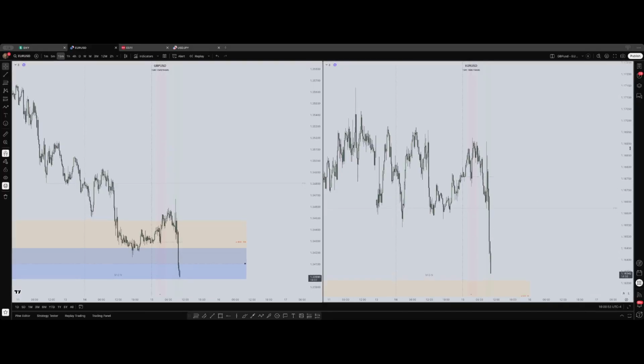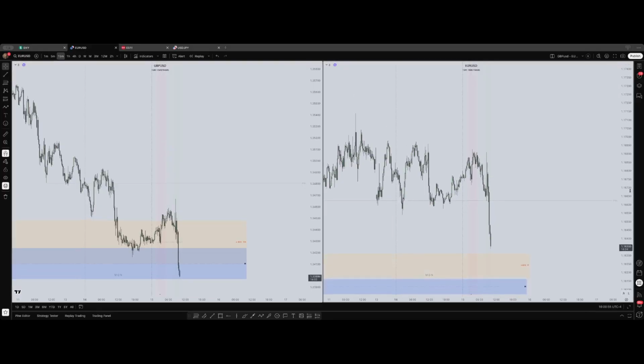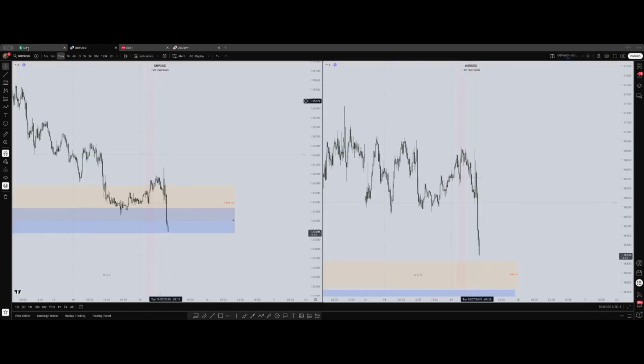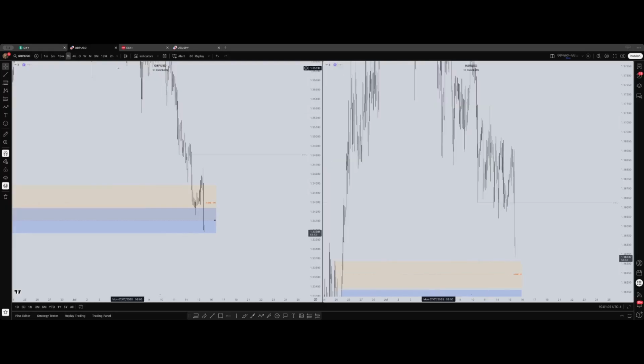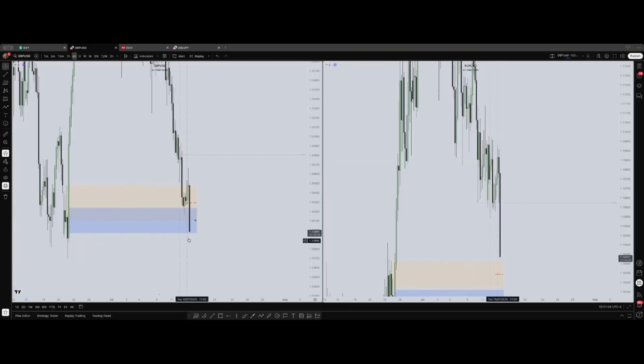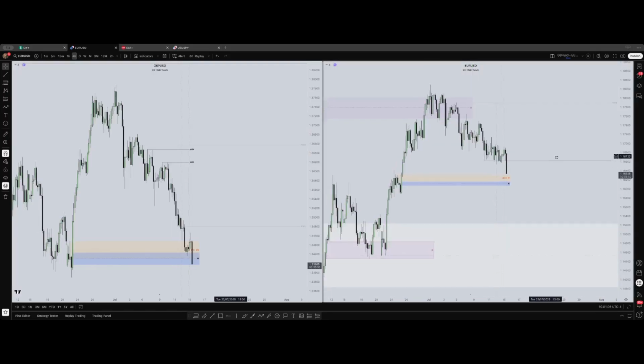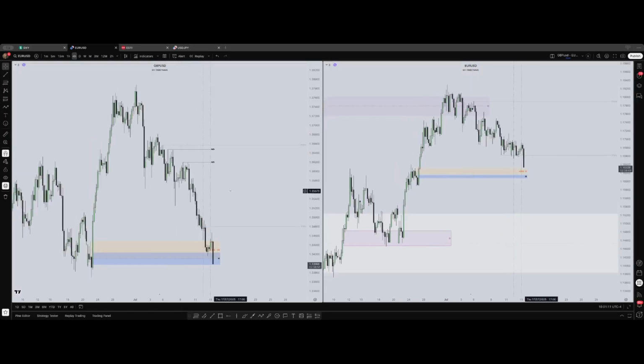Huge drop in Euro USD. Also in GBP USD. So maybe there's a possibility price will take this low.